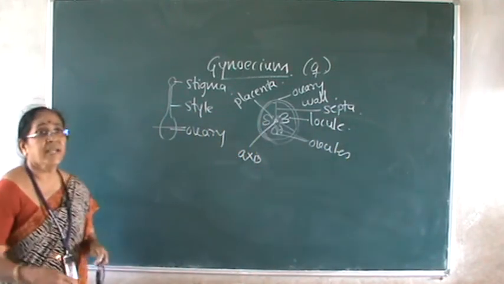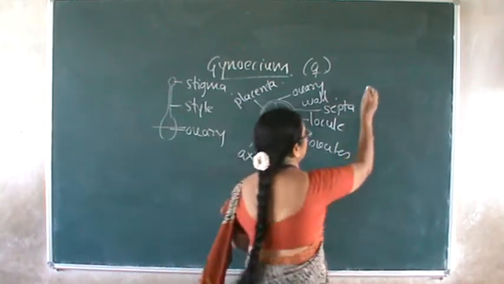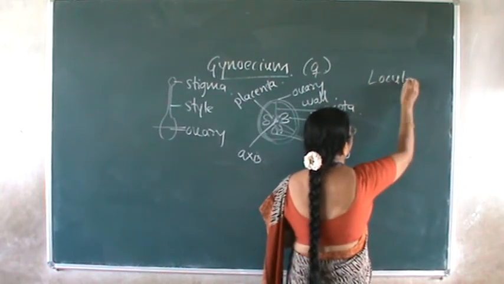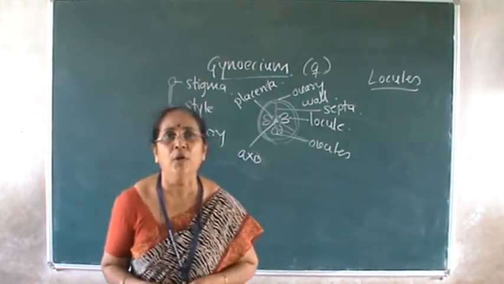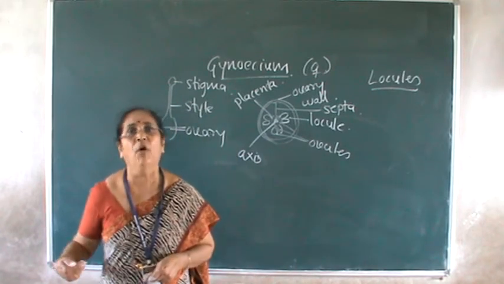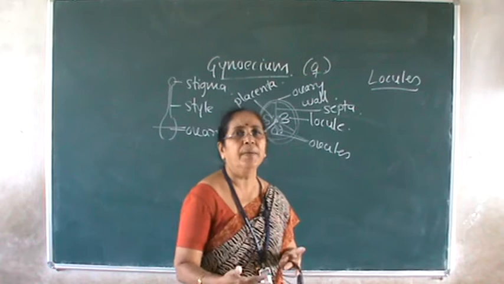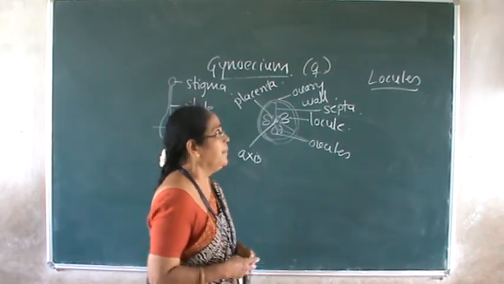By taking this section, we can count the number of locules and carpels. A very important part is that, based on the number of locules, you are going to describe the ovary: unilocular, containing 1 locule, bilocular, trilocular, tetralocular, pentalocular, and multilocular in nature. You count the number of locules and use the appropriate word to describe them.